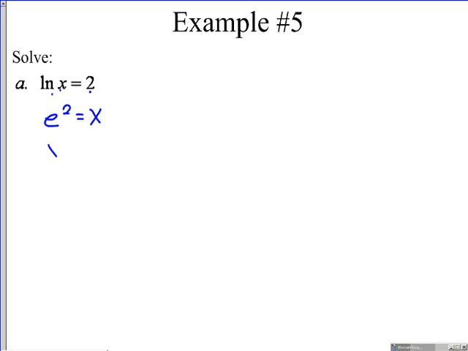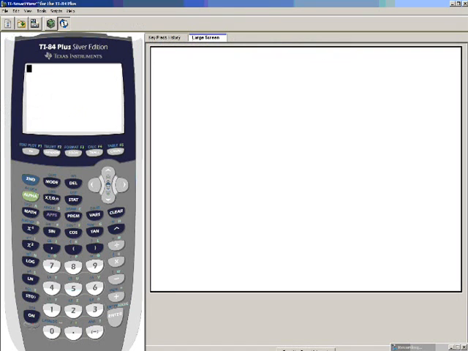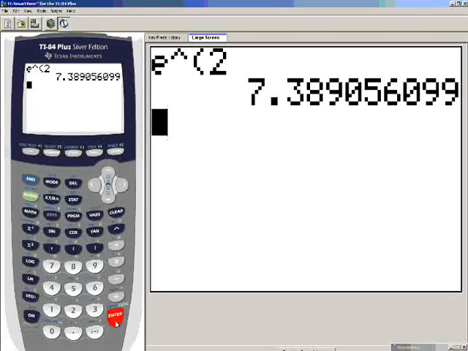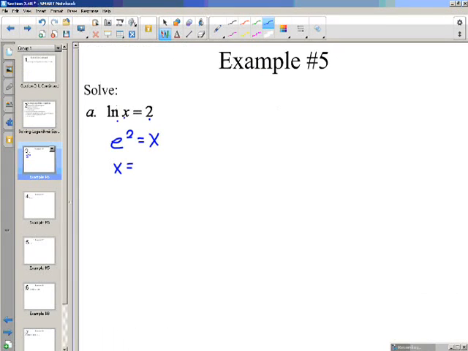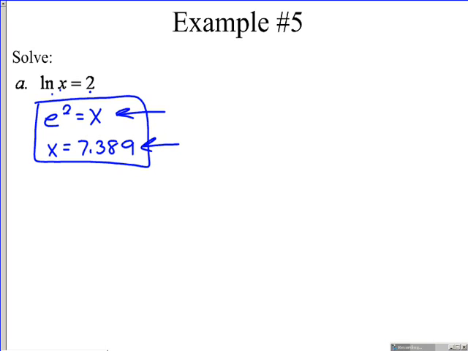Go ahead and plug that into your calculator. e squared is 7.389. Just like our exponential equations, you are going to give both the exact solution for x as well as the decimal approximation from the calculator.